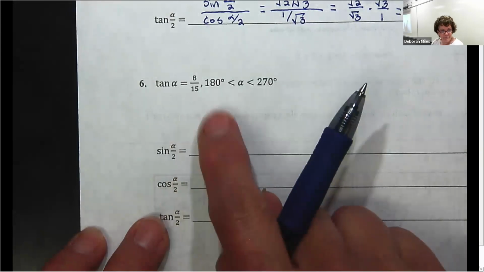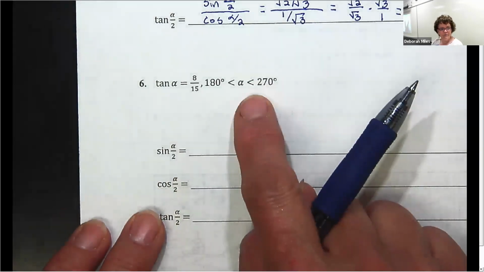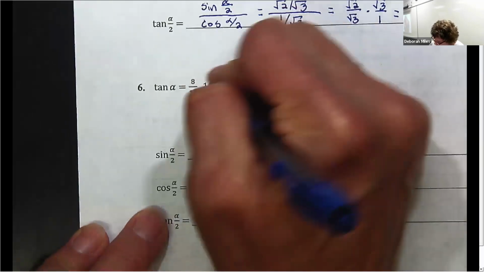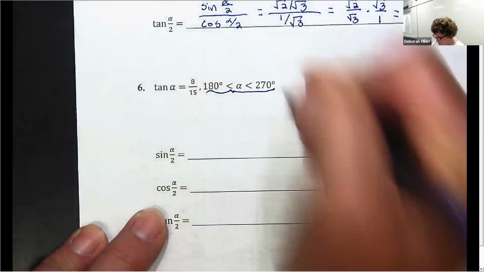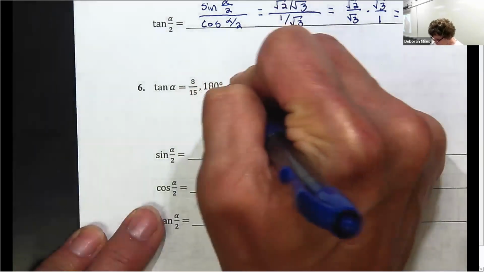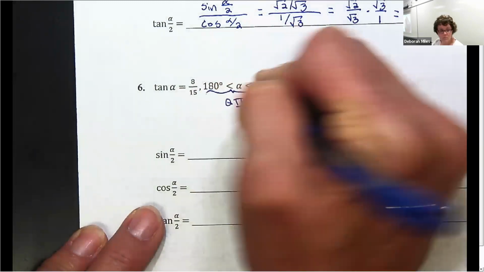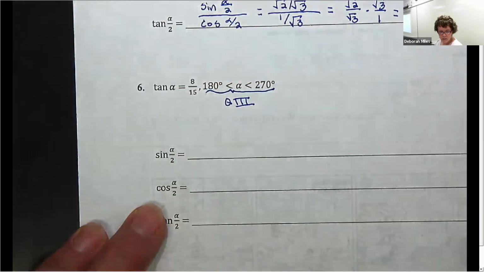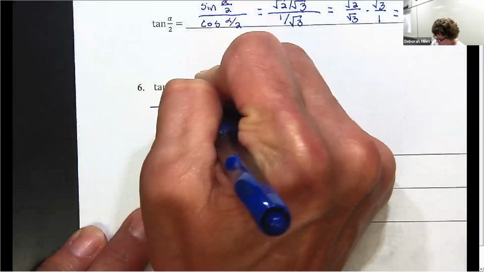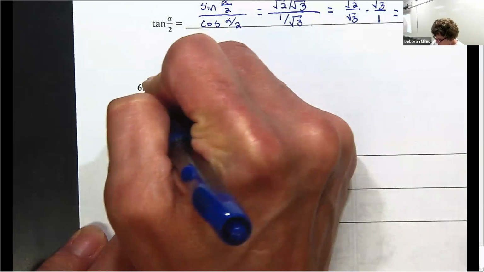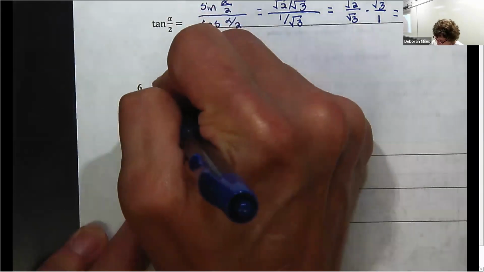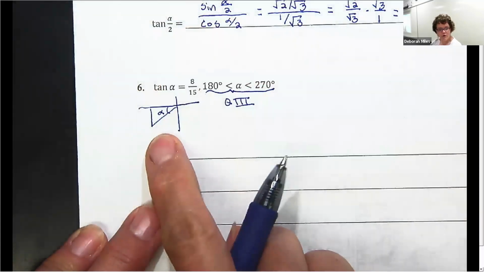Tangent alpha is 8/15, and alpha is between 180 degrees and 270 degrees. What quadrant is that? That's the third quadrant. And I can draw a third quadrant angle. Again, we're drawing alpha. We're not drawing alpha over 2.